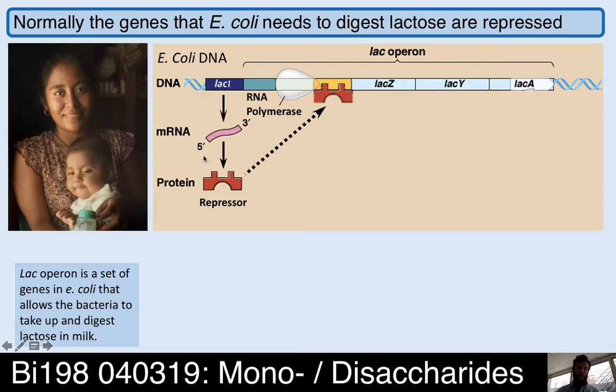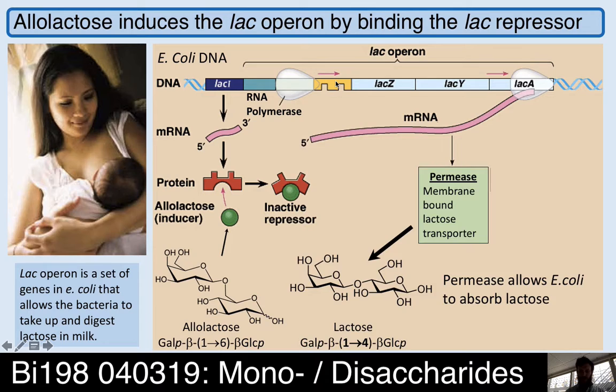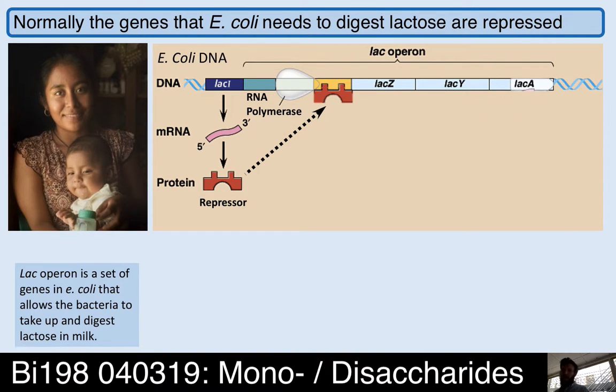So normally when there's no food in the baby's gut, there is this repressor, this red protein here, that plugs in and attaches to the DNA of the lac operon and prevents the RNA polymerase from transcribing these genes here.